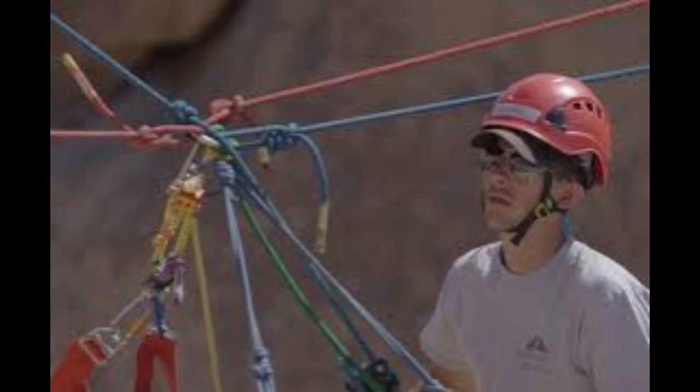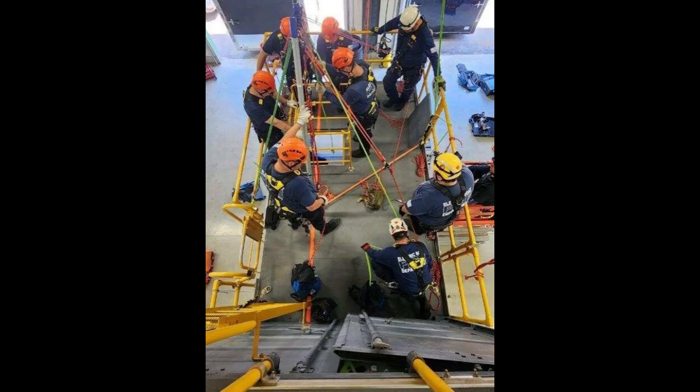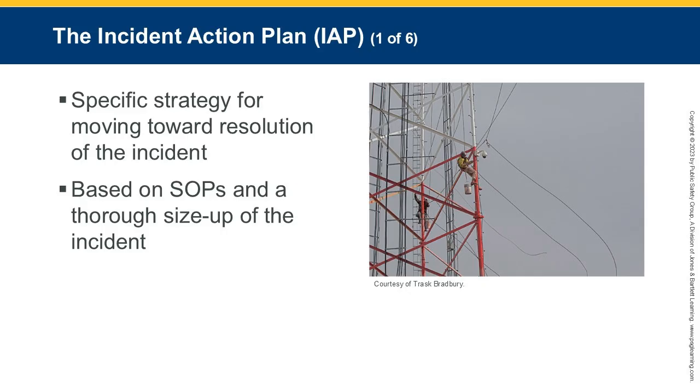You need to know the terrain, hazards, available resources, and your objectives before you start rigging anything. A solid IAP lets the team anticipate needs, stay coordinated, and respond safely. Think of the IAP as your rescue GPS, constantly updating as conditions change. For example, if a sudden weather change affects a cliffside rescue, the IAP guides decision-making, so you're not improvising blind on the edge.